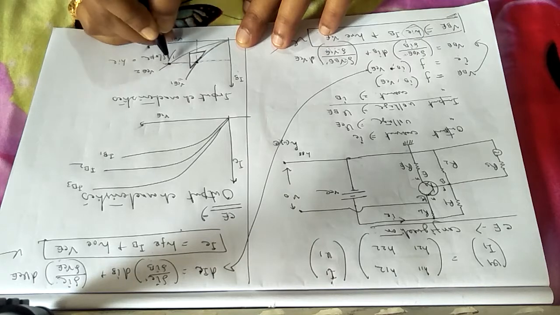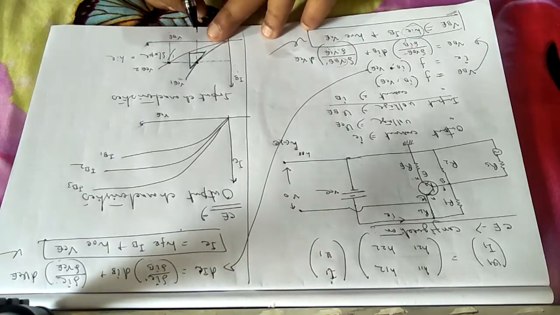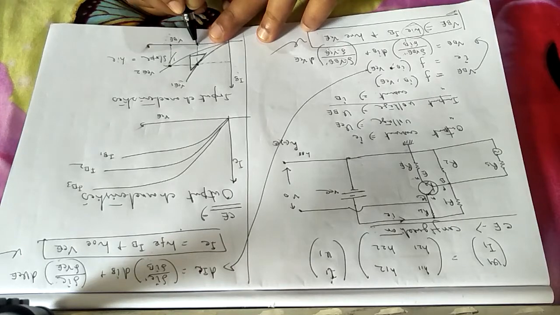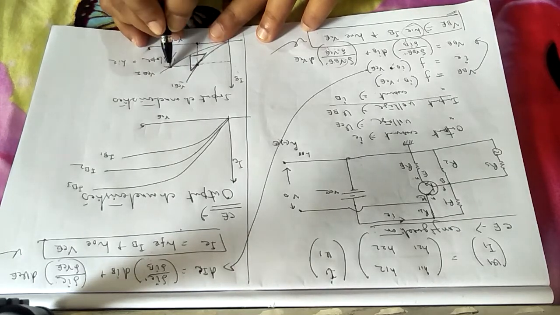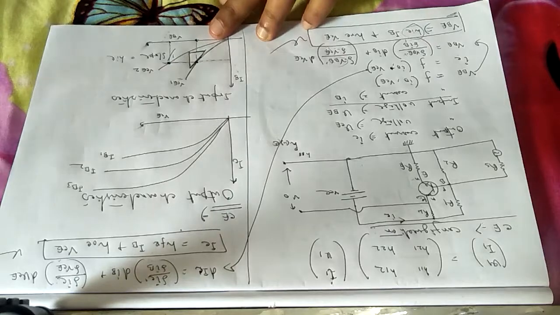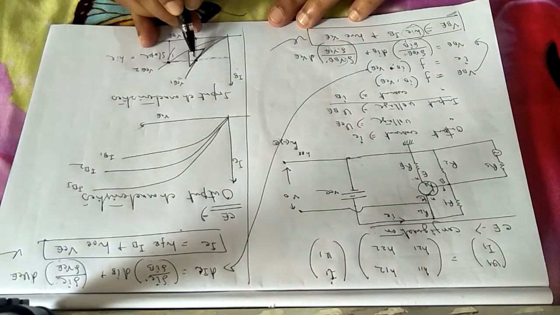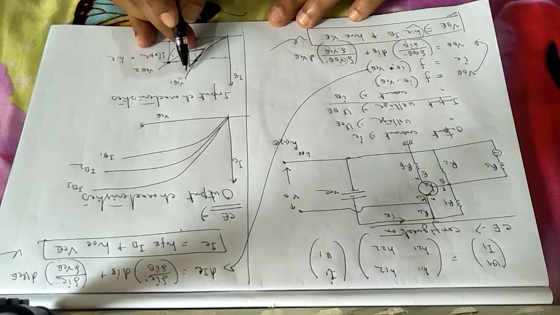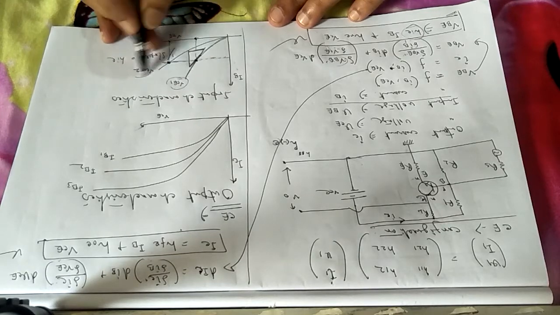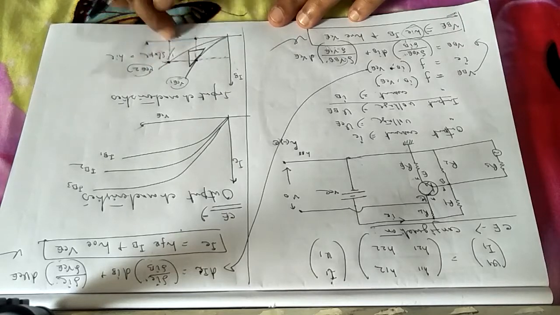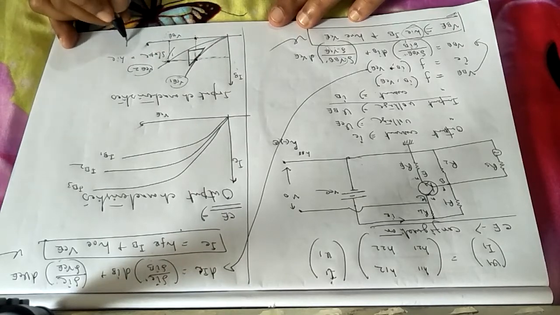From that, draw two vertical lines. These two will give you the change in VBE for a change between VCE1 and VCE2. I am again repeating. Look at the change. On this straight line, it is intersecting here and here. It is giving two values, VCE1 and VCE2, and the corresponding changes in VBE. So the ratio between these two will give you the value of HRE.